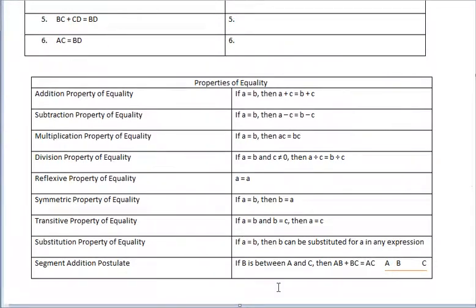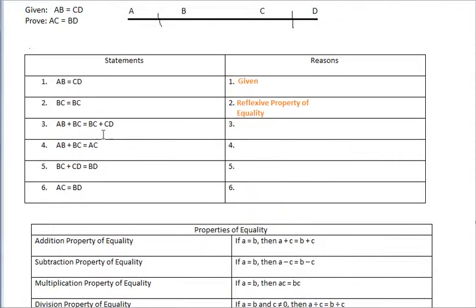And which one of these makes it so that I add the same thing to both sides? Well, the addition property, actually. I added BC to both sides, so that's going to be what I do up here. I added the same thing to both sides. So this right here is the addition property of equality. If I can spell equality, that would help.